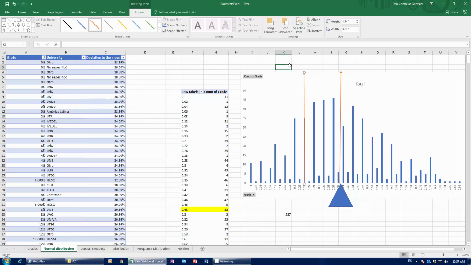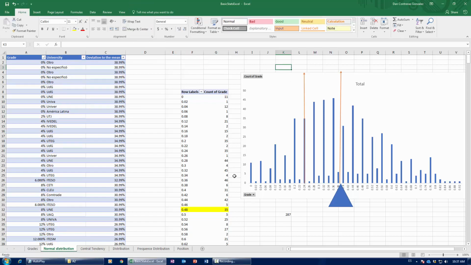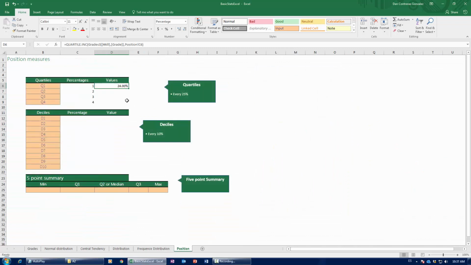That means that one quarter of the population is below the 24% mark or includes the 24% grade. Why? Because notice the thing right here, quartile.inc. Inc means inclusive, and it means that it includes whatever it's telling me.